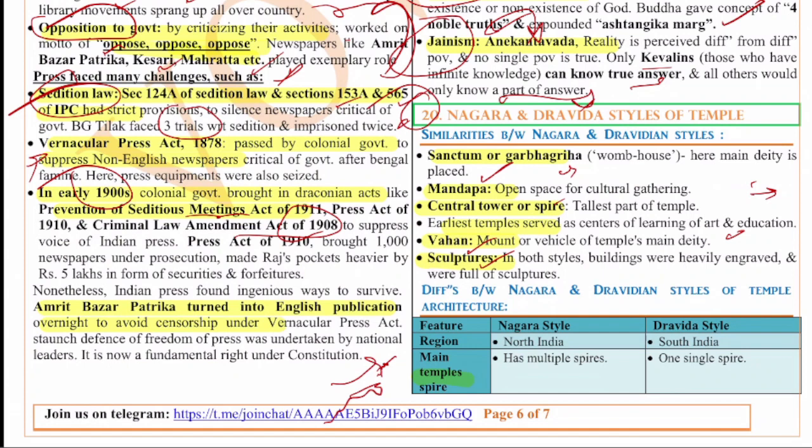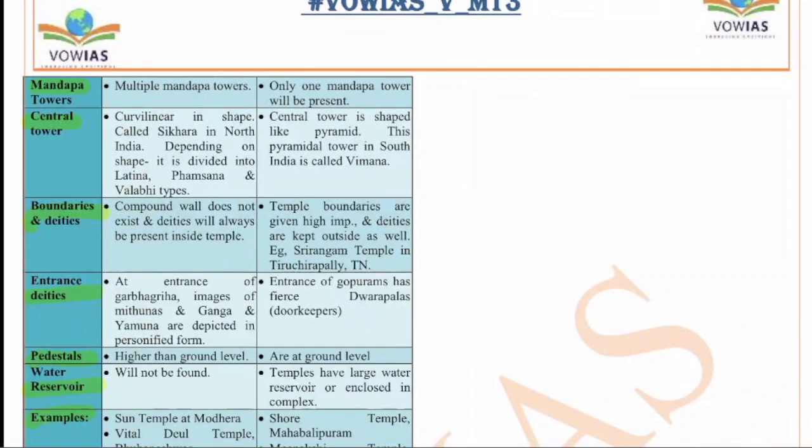But the Nagara and Dravida styles have certain basic differences. What are those? First, the Nagara school is famous in North India, whereas the Dravida is in South India. The Nagara has multiple spires, whereas the Dravida has a single spire. Next, the Nagara has multiple Mandapa towers, whereas the Dravida has only one Mandapa tower.